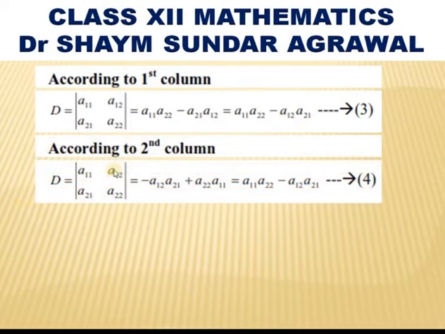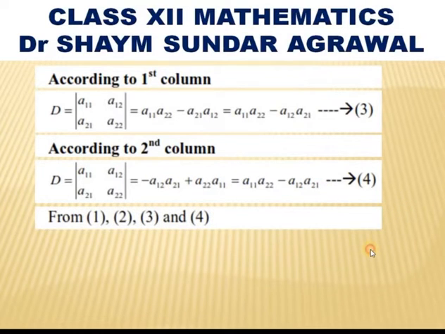Similarly, according to second column, first element is A12. So, minus sign according to A12, that is minus 1 to the power 1 plus 2. Then plus sign for A22, according to A22 it is minus 1 to the power 2 plus 2 is minus 1 to the power 4 is plus 1. So, it is minus A12 into A21 plus A22 into A11, which is same as A11 into A22 minus A12 into A21.